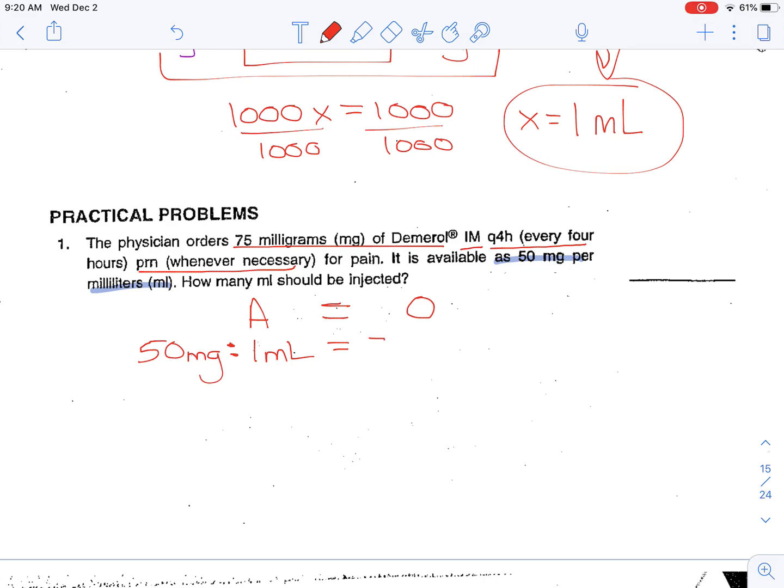And the order is for 75 milligrams, but we don't know how many milliliters that's going to be. So we stop at this point and we make sure all of our units match. And since they do, we're going to do outsides and insides.